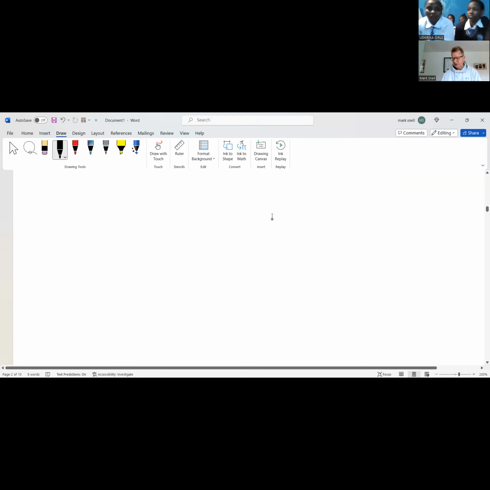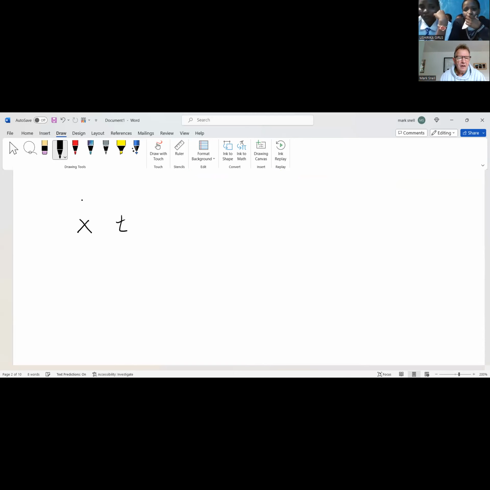Okay, so let's say that we have a radiochemical X, and it has a half-life of 26 days. And let's say that at the start, we have 10 kilograms.